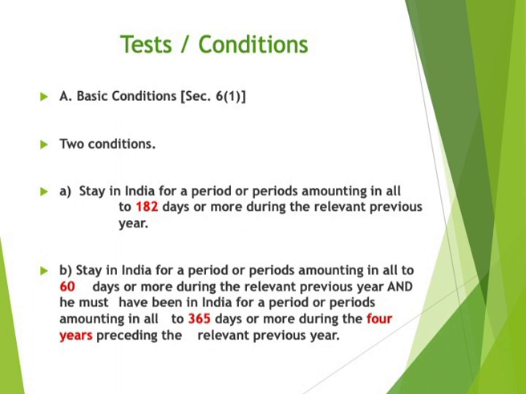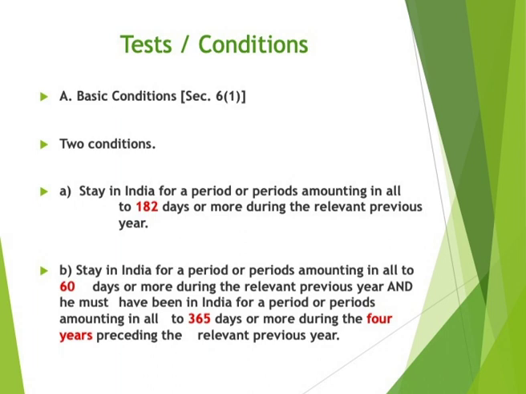So, how many days must the assessee stay? A stay of a period or periods amounting in all to 182 days or more. So, a minimum of 182 days or more they have to reside in India in the previous year. This is the first foremost basic condition.